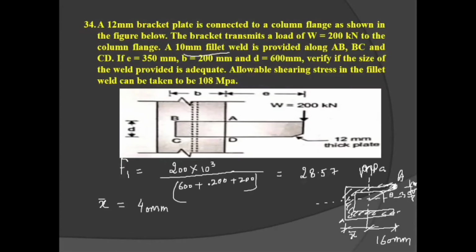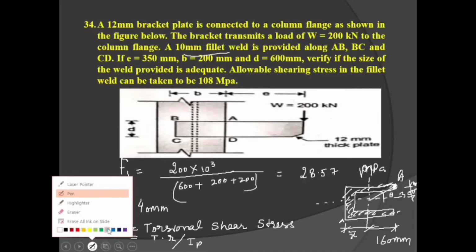Now the second one is called the torsional shear stress. F2 is equal to torsional shear stress, that is equal to T into R divided by IP. We had discussed this, yes or no? T into R divided by IP, the polar moment of inertia, and R is this radial distance.